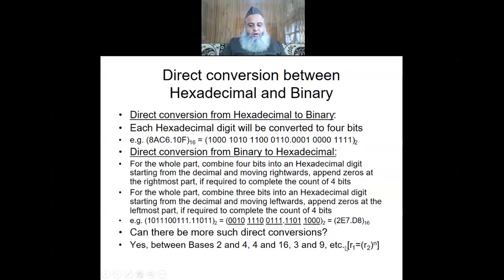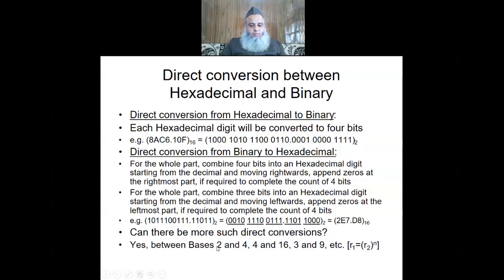This n is important because it tells you how many corresponding bits should be converted to. For example, in the case of 8, it was 2 to the power 3, so 3 bits are required. In the case of 16, 2 to the power 4 is 16, so 4 bits will be required. So this n will give you an idea.